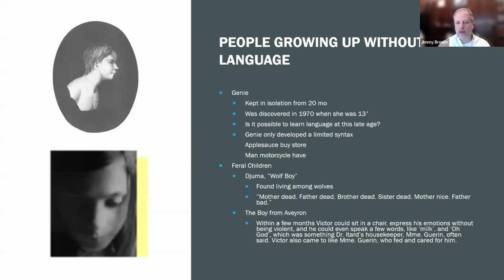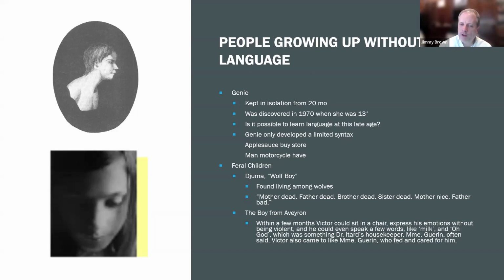Then there's Ramu the Wolf Boy, who was in India and found living with wolves. When he finally started learning things, all he could say was, mother dead, father dead, mother nice, father bad, those kinds of things. One of the more famous ones is a boy from France who was discovered by a scientist, Dr. Itard.